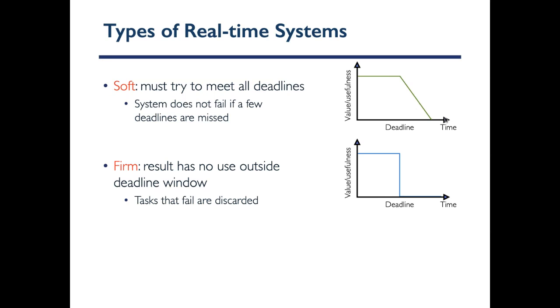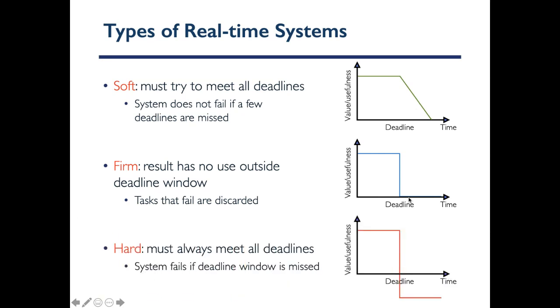So in this case, you have a firm deadline, which if you miss, then you won't get any value out of finishing the task. So same as before, you have a deadline. If you finish your job anytime before the deadline, then you get the full value out of it. If you miss the deadline, then you get 0.